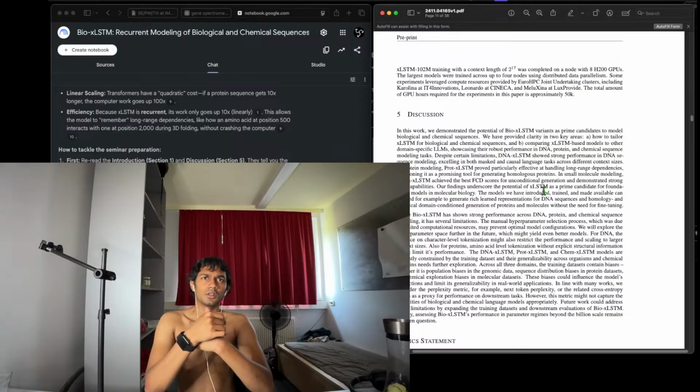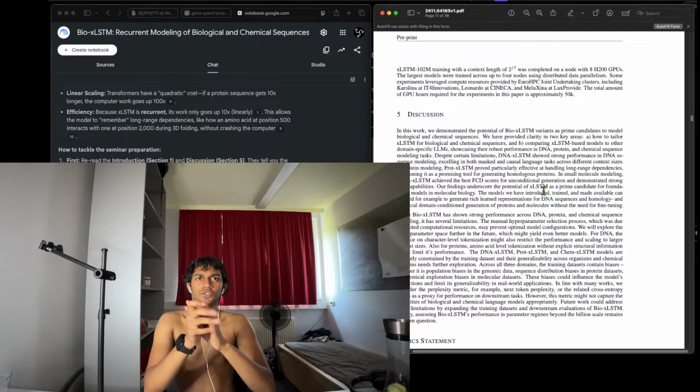In protein modeling, Protein-xLSTM proved particularly effective at handling long-range dependencies, positioning it as a promising tool for generating homologous proteins. In small molecule modeling, Chem-xLSTM achieved the best FCD scores for unconditional generation and demonstrated strong ICL capabilities.